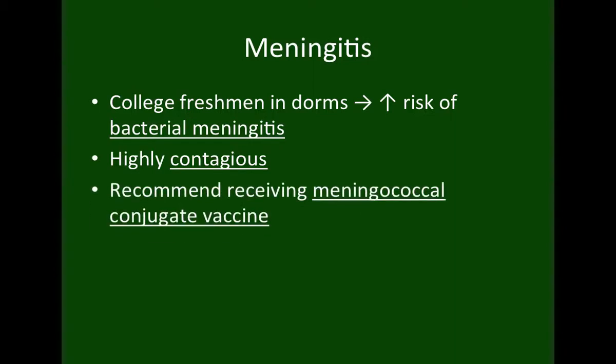It is recommended, and in many cases on certain college campuses required, that you get a meningococcal conjugate vaccine. This is a conversation that you need to have with your doctor. Every year in the fall, there are stories of outbreaks on college campuses of bacterial meningitis, and they can be very scary and very deadly. Some have been just kind of a nuisance, but others have been very frightening to the students involved.